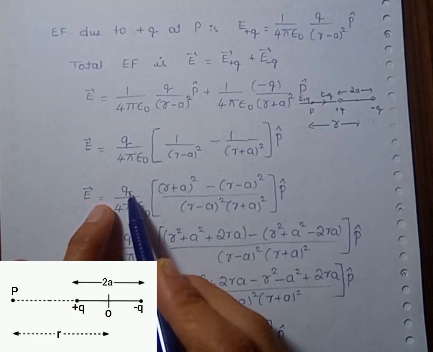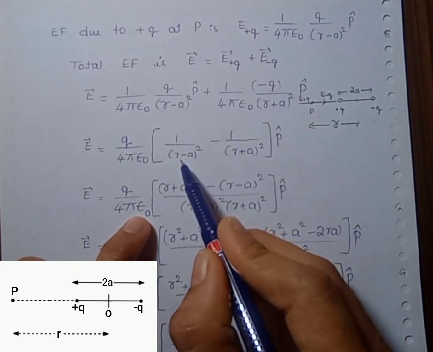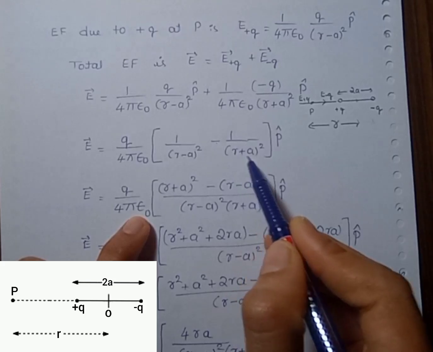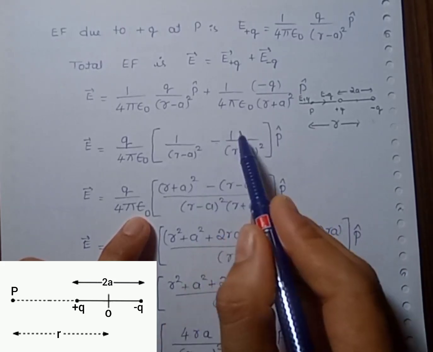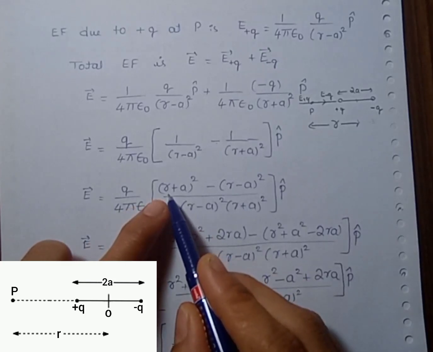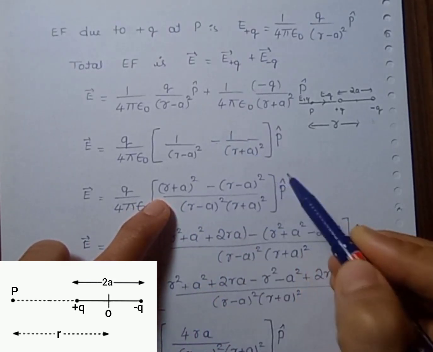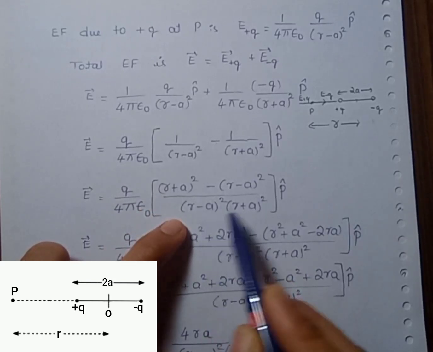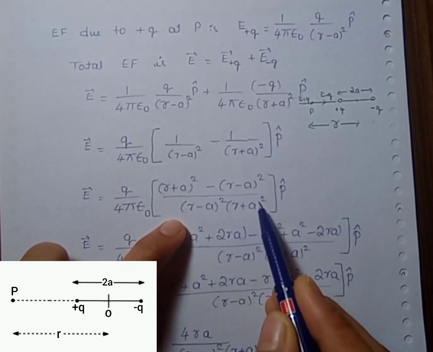Why minus? Here plus into minus gives minus. So E is equals to q divided by 4 pi epsilon naught. Just take the LCM of r minus a whole square and r plus a whole square, which gives direct cross multiplication: r plus a whole square minus r minus a whole square, divided by the multiplication of those two quantities, r minus a whole square into r plus a whole square, p cap.